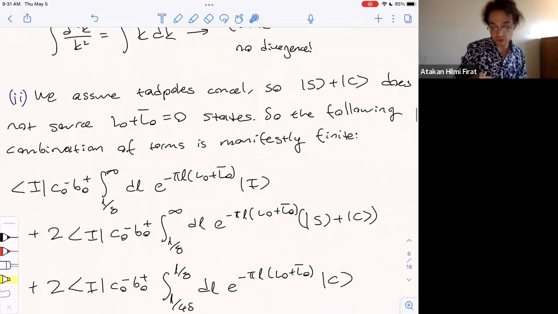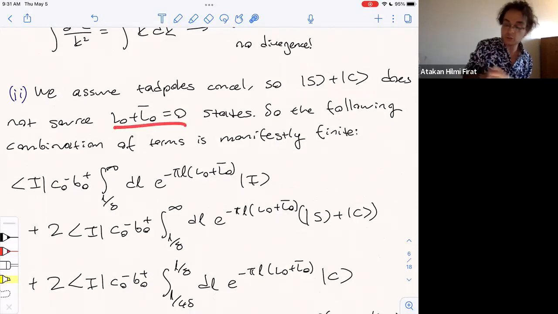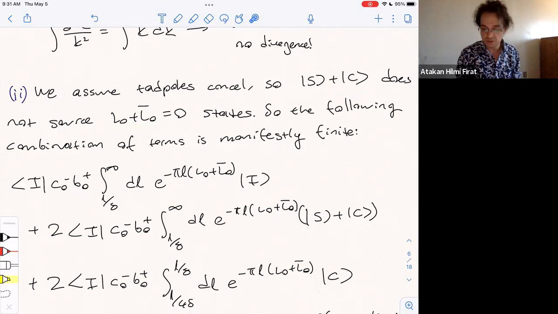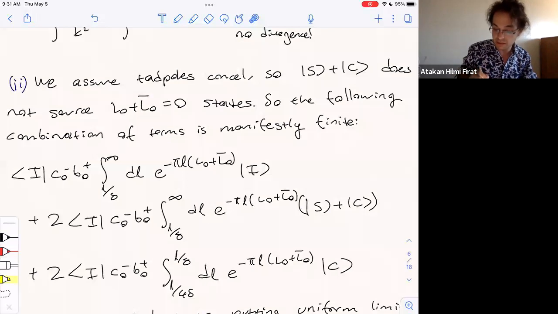Second, again, as I emphasized many times, we assume tadpoles are canceling. So the boundary state for D branes plus the O planes does not source any closed string states. It shouldn't. So from this fact, we can write this combination of terms in a manifestly finite form.